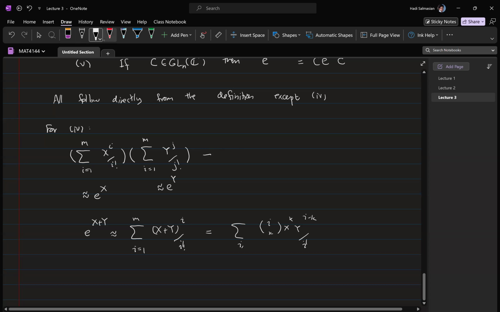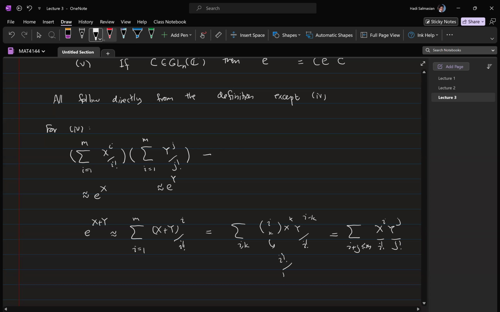So this is a summation over i and k. So what you get basically is a summation of the form x to the i, y to the j, over i factorial, j factorial, with i plus j at most m. Because this binomial coefficient expands as i factorial over k factorial and i minus k factorial. Maybe I should just write it.